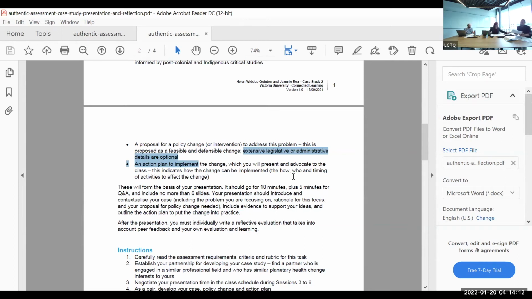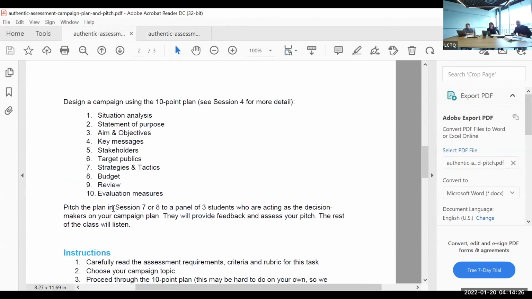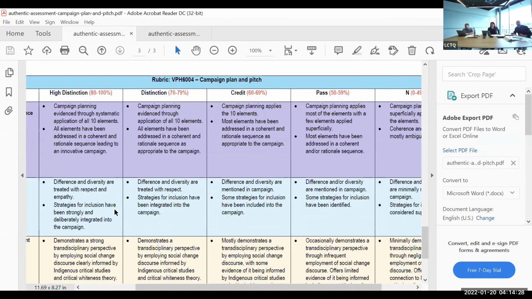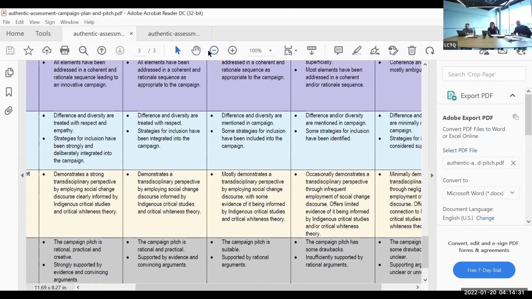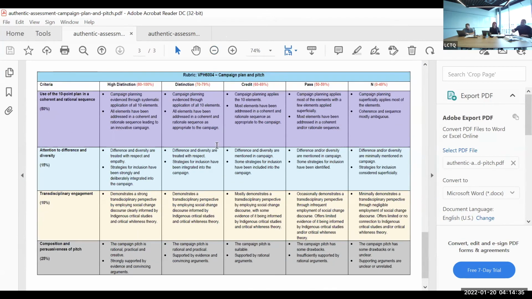With the assessment and pitch, if we look at the other assessment task rubric, just click on the other PDF. Here we go. Again, looking at the basis of achievement here, this is for the campaign plan and pitch.